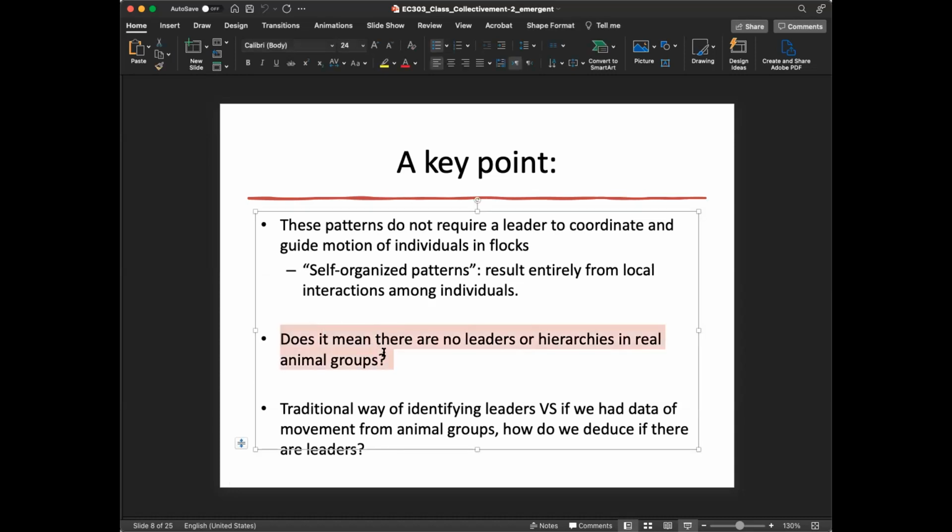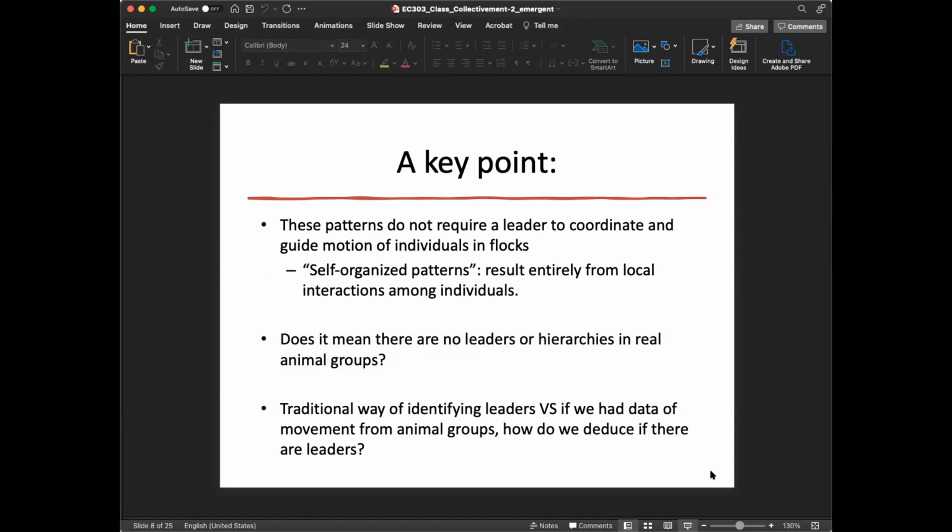To really address this question using real animal groups is a non-trivial task. Imagine that I showed you a video of fish moving. How can you tell whether there are leaders in this or not? How would you go about establishing whether there is a hierarchy in the movement behavior of animals? Of course, if there are drastic differences between behaviors, maybe you can, but often you don't find such differences.